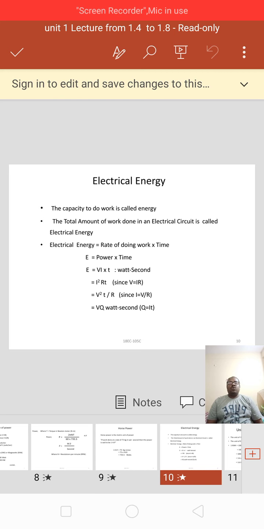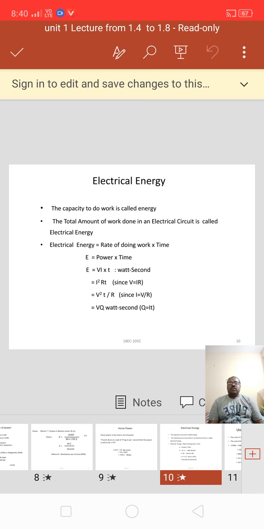That is, the total amount of work done in an electric circuit is called electrical energy. We can take it in a formula, that is electrical energy equals rate of doing work into time taken to complete the work. That is the product of rate of doing work and time.